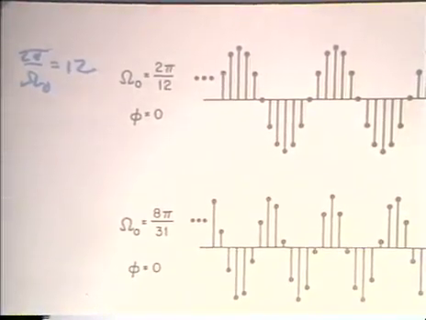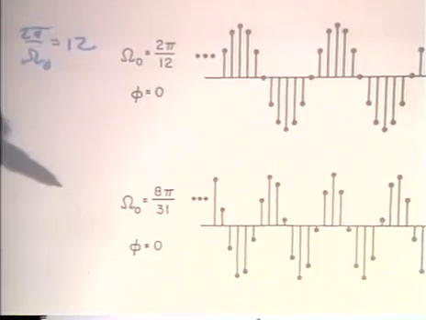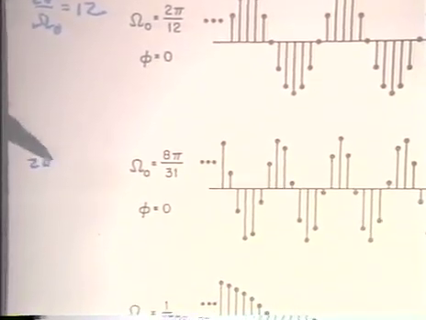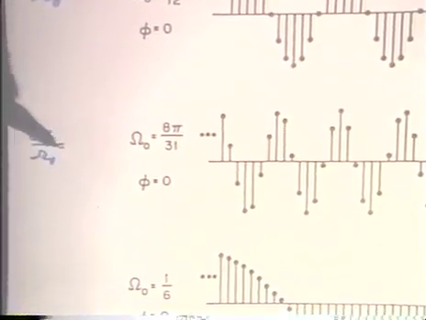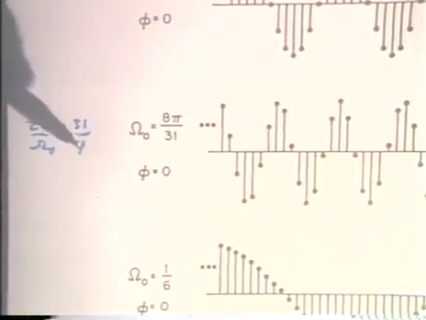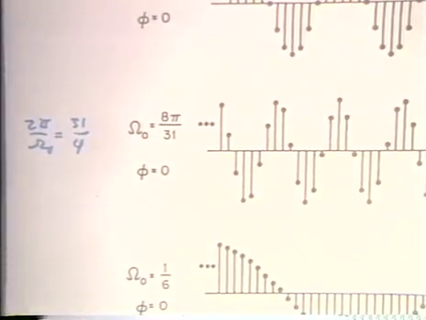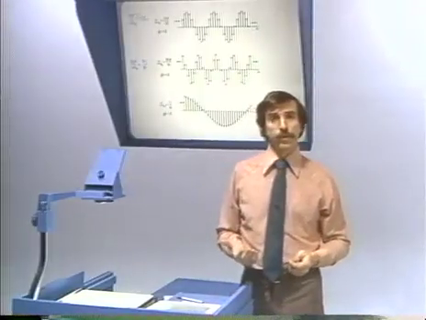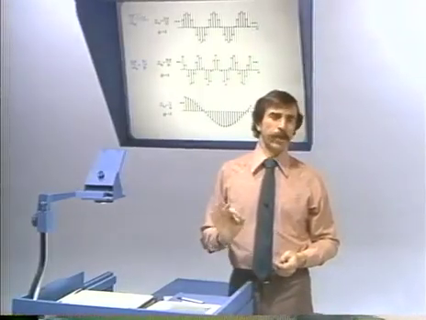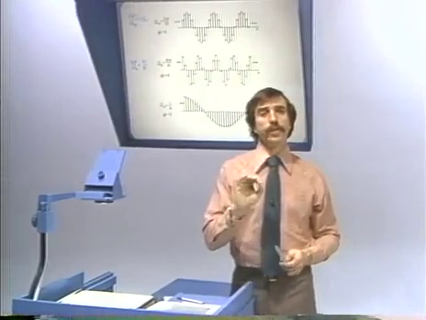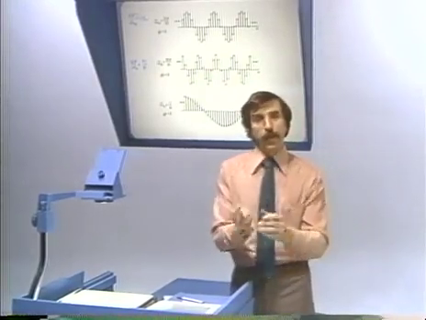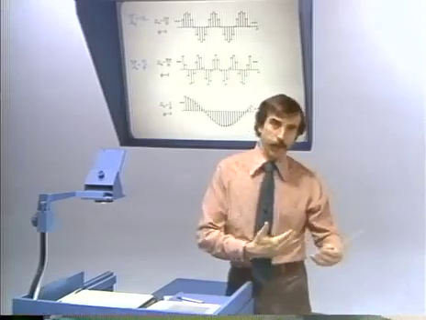All right, let's look at the next one. The next one, we would have 2 pi over omega 0, again, and that's equal to 31/4. So what that says is that the period is 31/4. But wait a minute. 31/4 isn't an integer. We have to multiply that by an integer to get another integer.